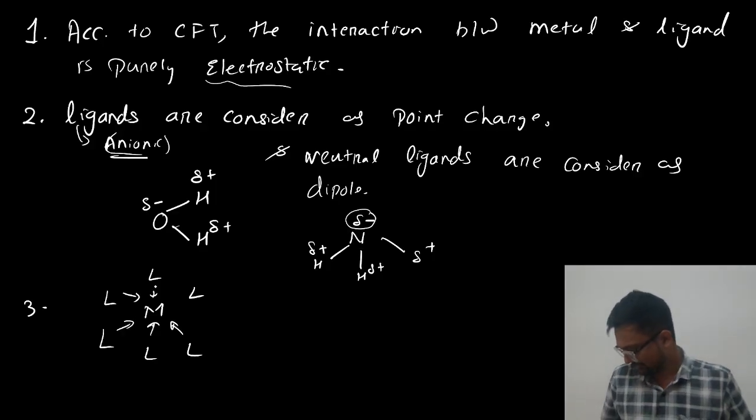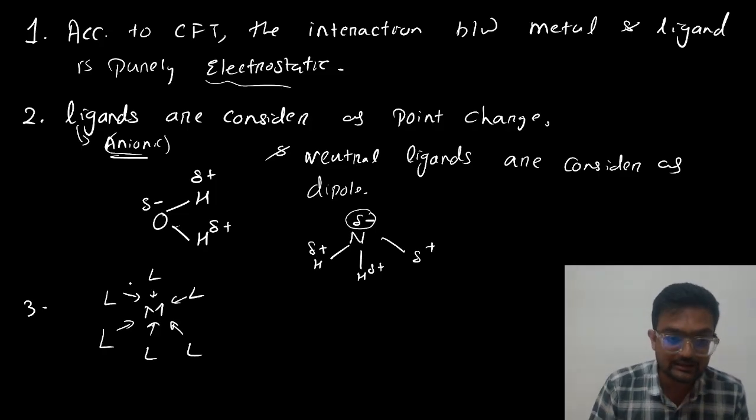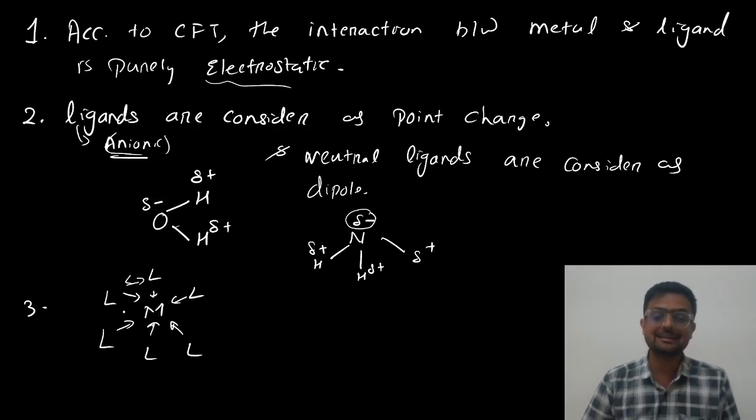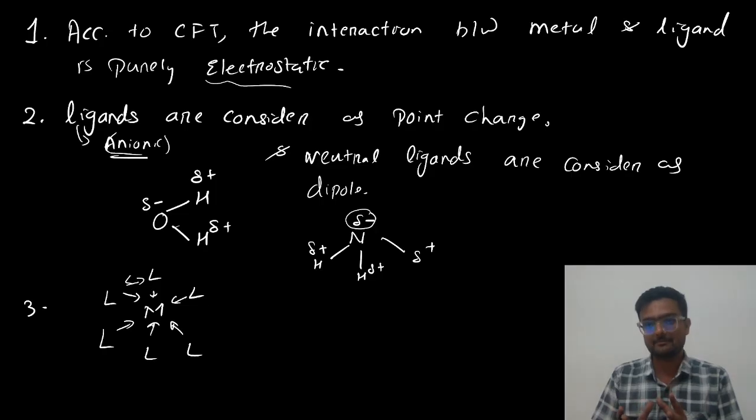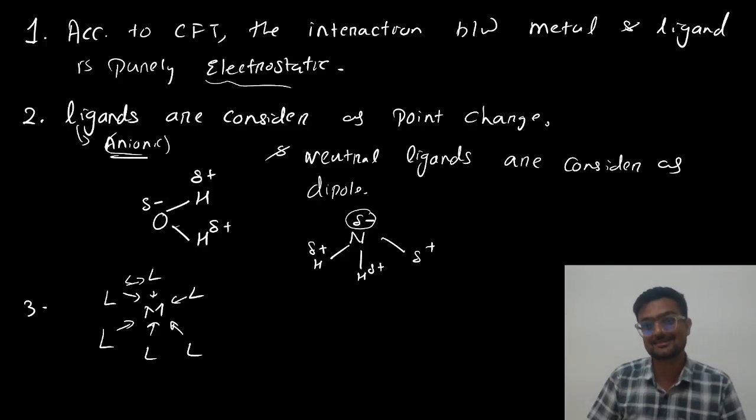Whenever it tries to approach, what will happen? It will approach in such a way that the repulsion between ligand and ligand will be minimum. So to minimize this repulsion, they occupy a certain geometry, a certain distance.